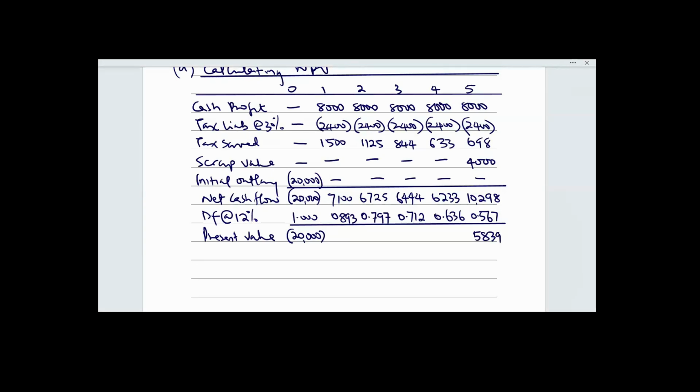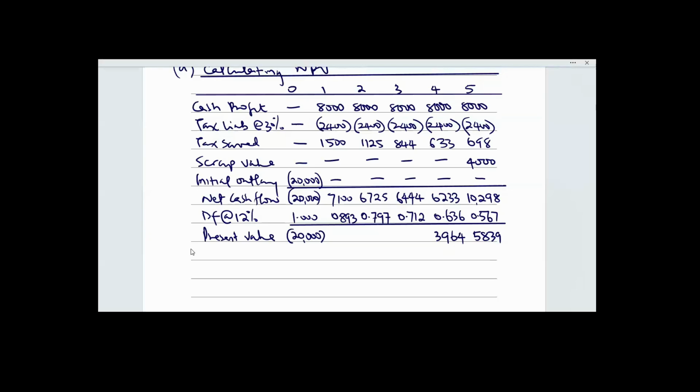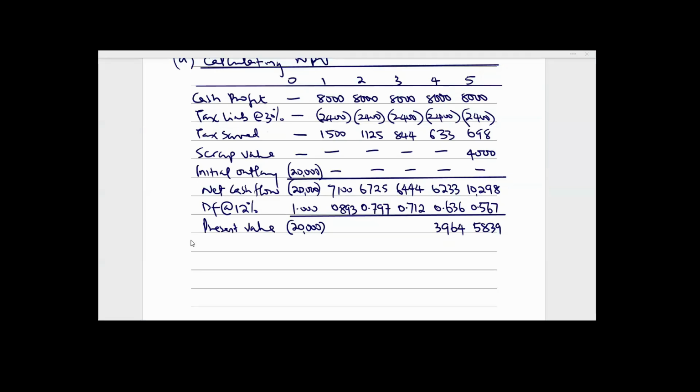Then year 4: 6,233 multiplied by 0.636 equals 3,964. Then year 3: 6,444 multiplied by 0.712 equals 4,588.